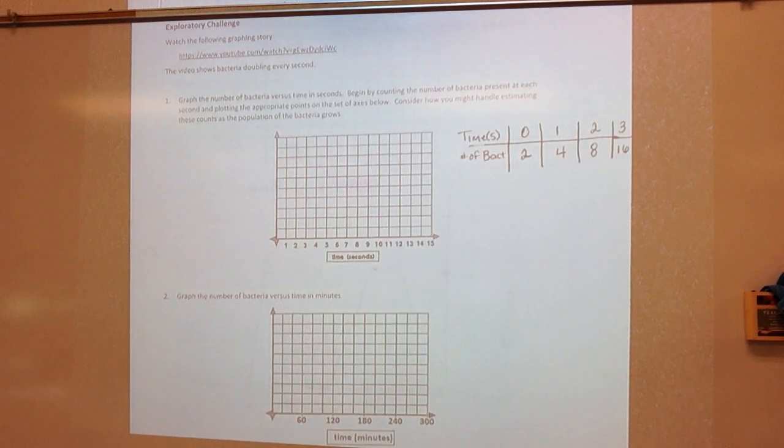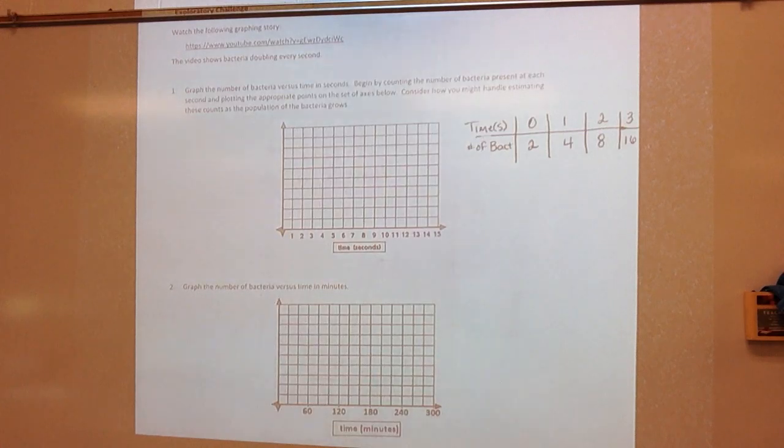The 4-second mark gets a little tricky, as well as the 5-second mark, because it's multiplying so quickly that it becomes very difficult to count. So this is where we have to come up with an estimate, or come up with something that we might be able to see.